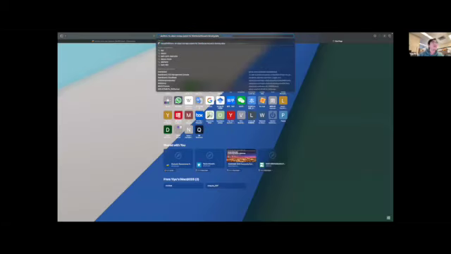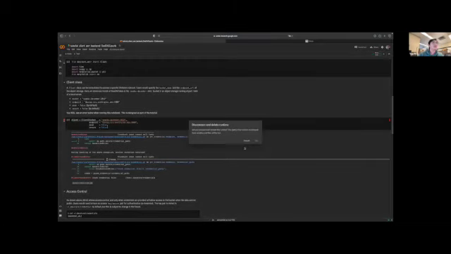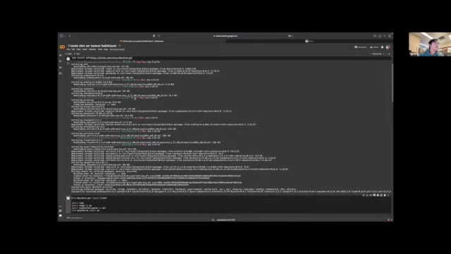Oh, I'm missing an S. Okay, let me restart it from scratch. I'm running out of time, but it's basically rejecting me because I'm giving the wrong password.